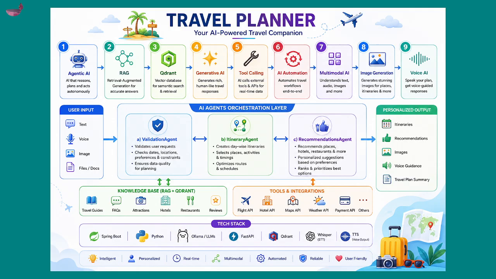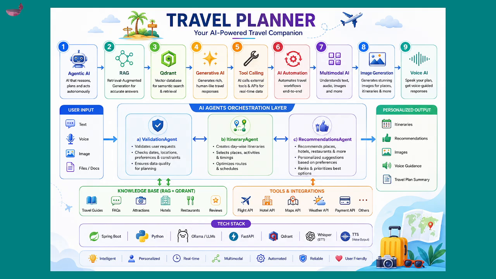So you tell AI, and AI will give you the response: what hotels you can stay in, what restaurants you can use, and if you want to stay in a particular location for 3 days, AI will generate a plan for you.